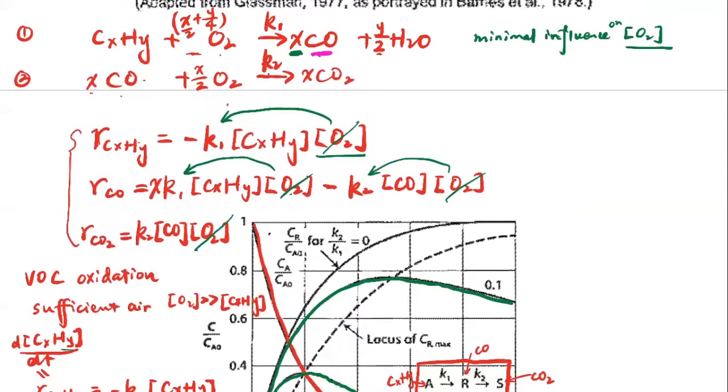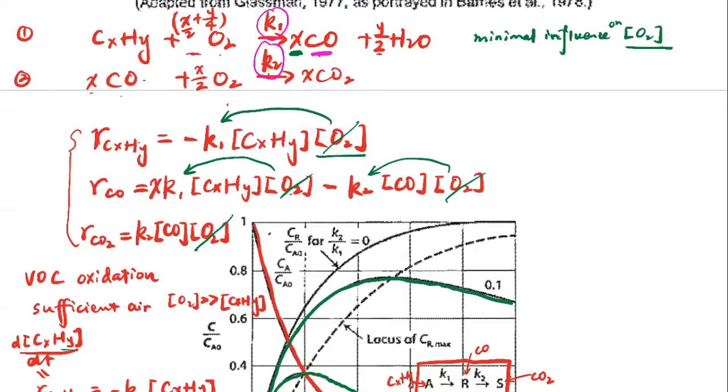Its concentration really depends on how fast K1 and K2 are. Let's think of some extremes. If K1 is very large, all the hydrocarbons are converted into carbon monoxide instantaneously, so we're going to have a very high concentration of carbon monoxide.